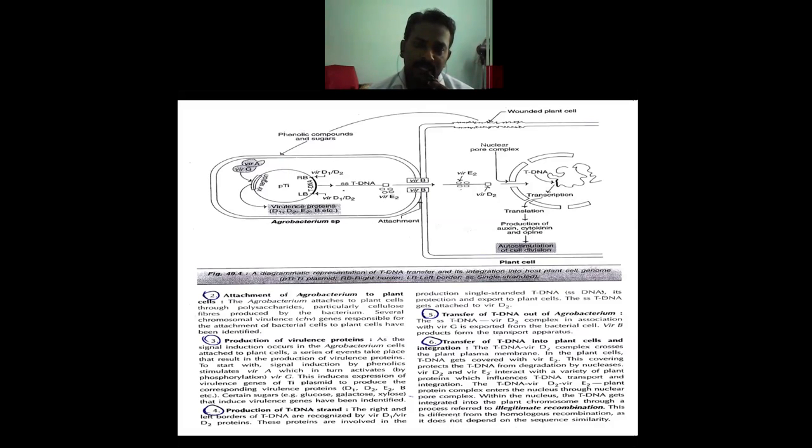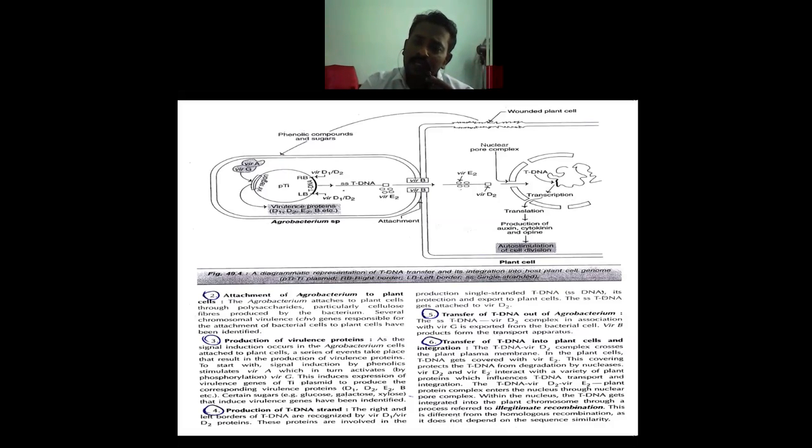Okay, and then production of the tDNA strand. The tDNA strand comes out from the Ti plasmid, and the virulence genes protectively transfer the tDNA into the plant genome. Many virulence genes are responsible for this, and without any damage, with the help of the virulence proteins, the tDNA strand protectively enters the plant genome.